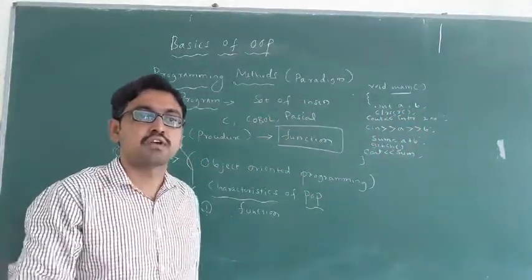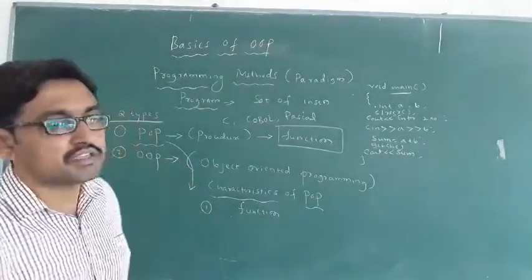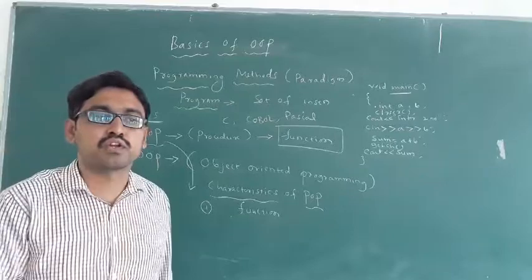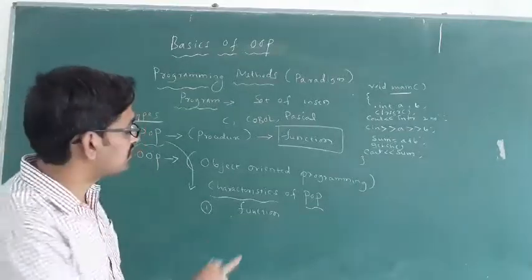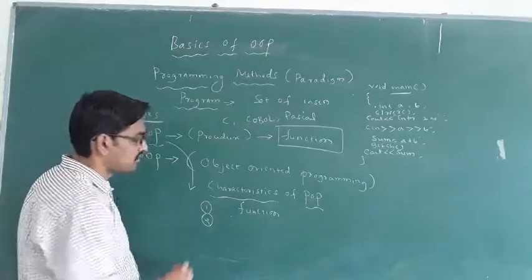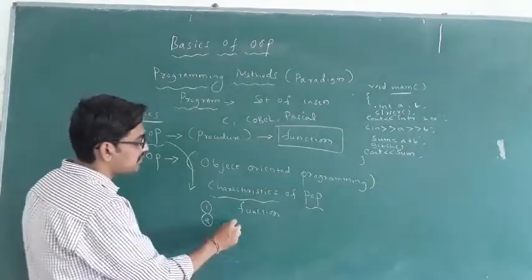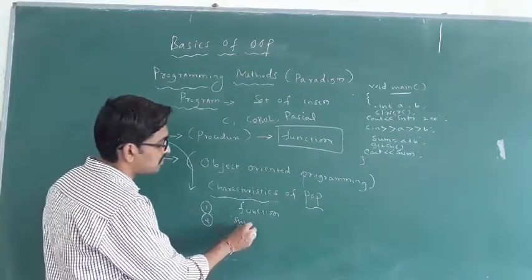In a program, if you use this type of functions, that is called procedure oriented programming language. First, it focuses on functions, the first characteristic. Then the second characteristic is that a large program can be divided into small programs.